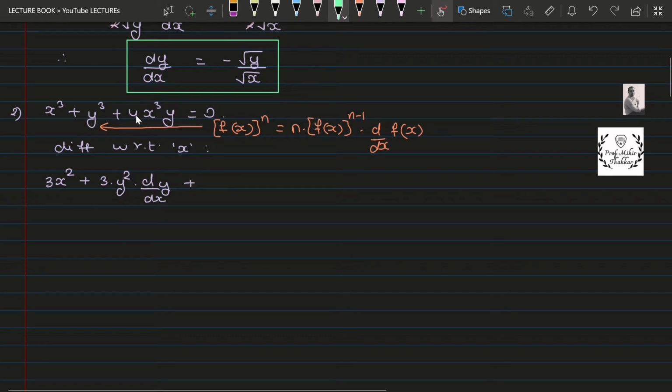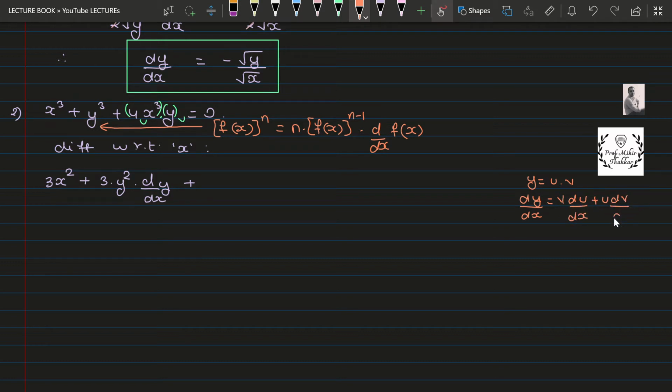4x cube into y. There are two terms. I consider 4x cube as one term and y as another term, and treat them as a product of u and v, two functions. So if the product is available, then in such a case we will have to apply the multiplication rule. The multiplication rule is if y is equal to u into v, then in such a case dy by dx is v du by dx plus u dv by dx.